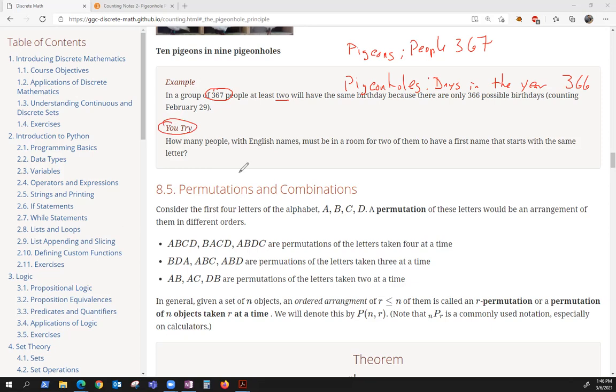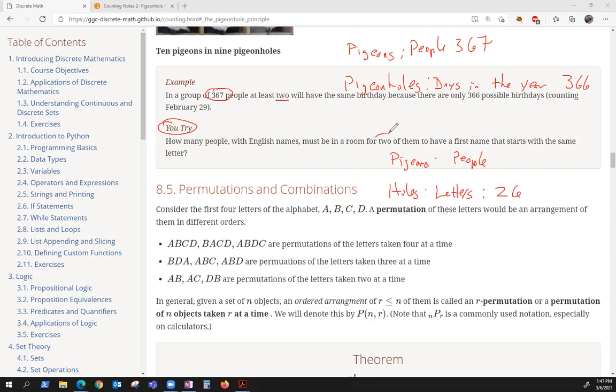The you try example says how many people with English names have to be in a room for 2 of them to have a first name that starts with the same letter. Well, in this case, the pigeons are going to be people, and the pigeonholes are going to be letters of the alphabet. There are 26 letters of the alphabet.